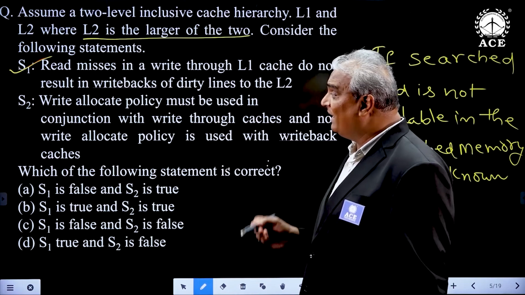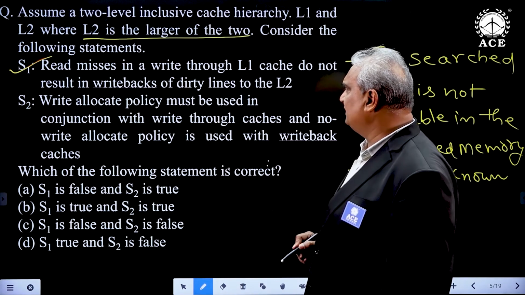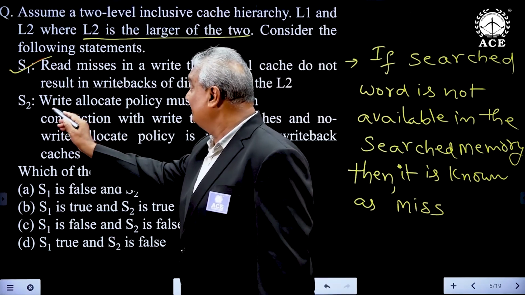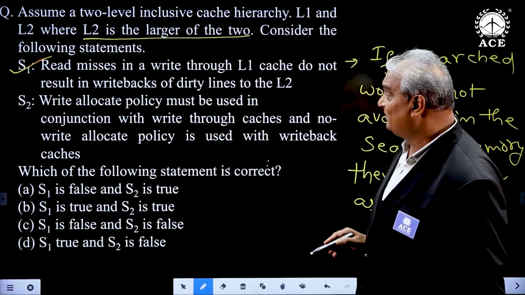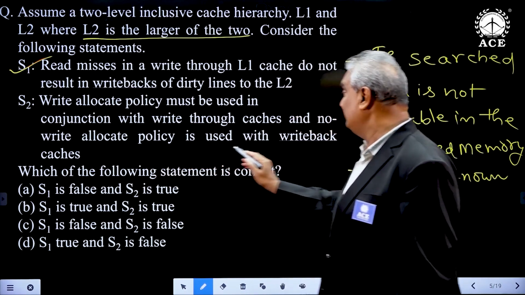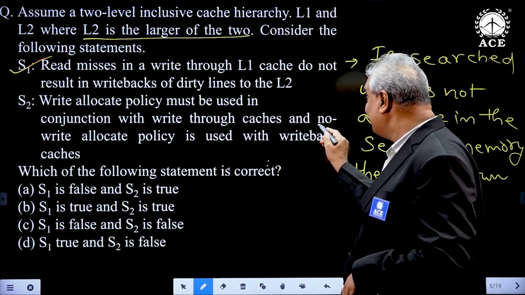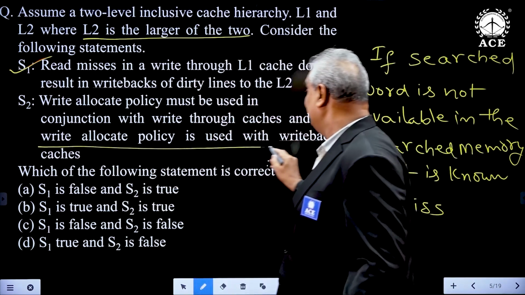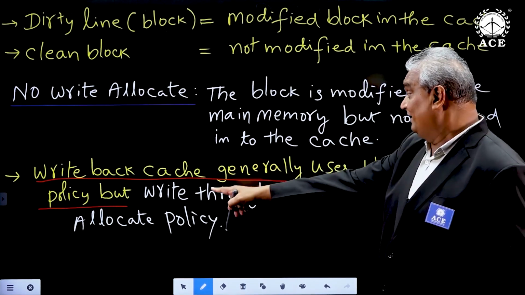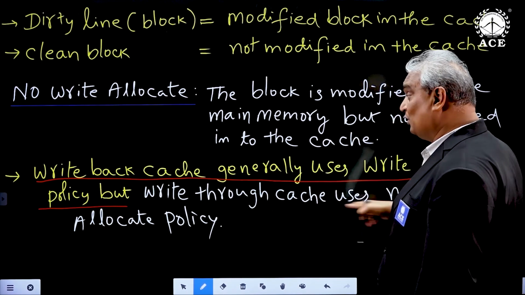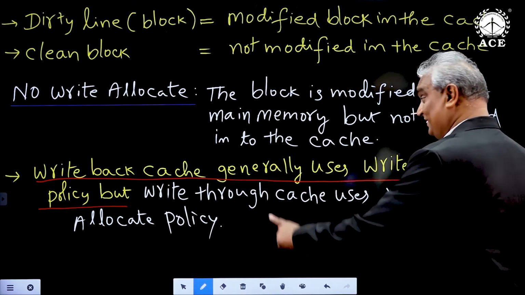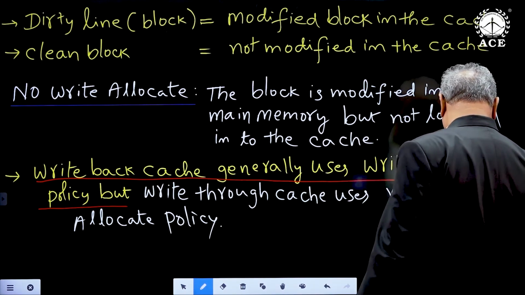What about S2? Write allocate policy must be used in conjunction with write through caches. What he is telling is that write allocate policy must be used with write through caches, and no write allocate policy is used with write back. Observe our statement: write through caches use no write allocate.